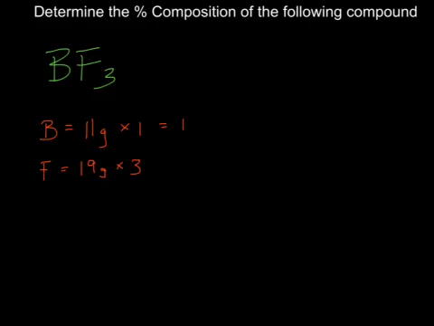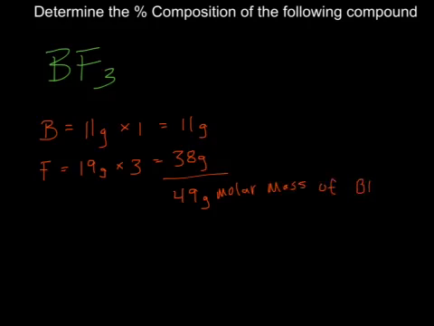That's going to give us 11 grams of boron and 38 grams of fluorine. We're going to add those both together. 49 grams is the molar mass of BF3.